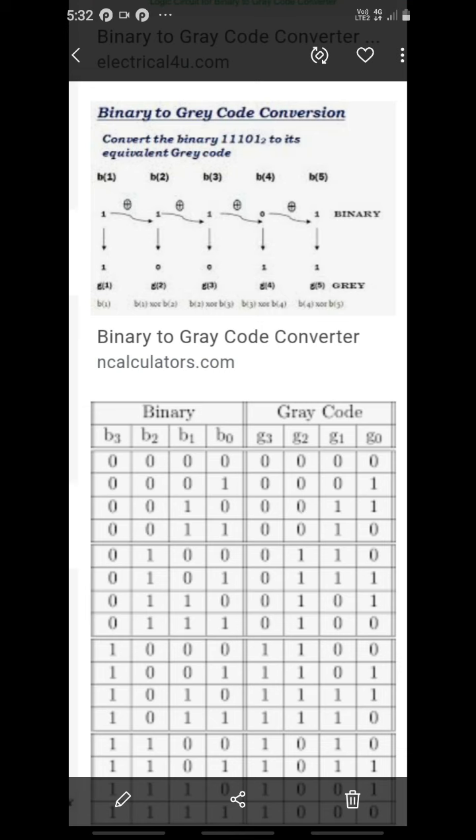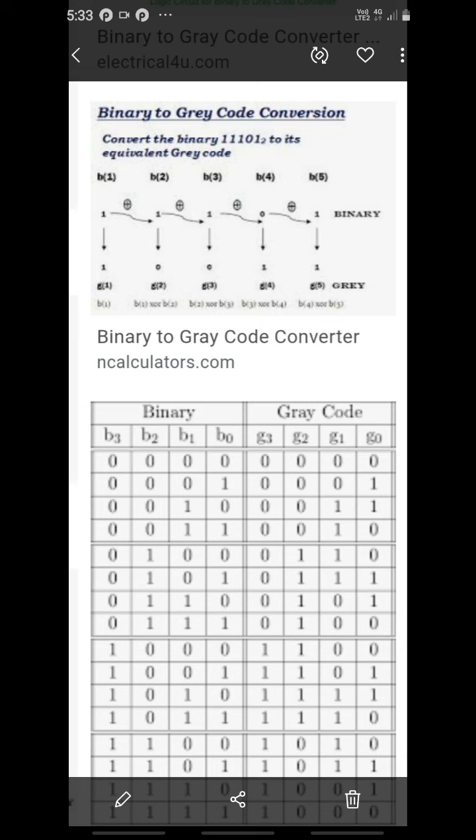The code which exhibits only single bit change from one code word to the next is known as the gray code. Gray code is an unweighted code, which means that there are no specific weights assigned to the bit positions. It is known as cyclic code or unit distance code.